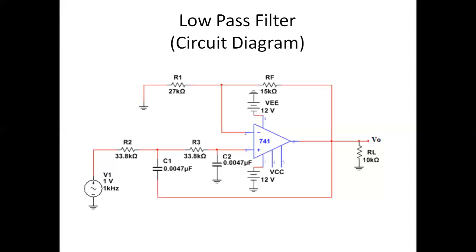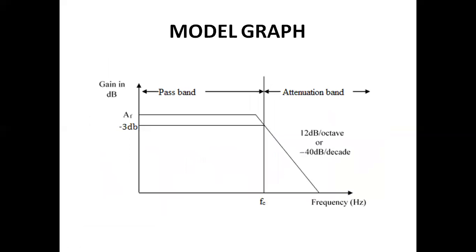Now coming to the next part, why it is called a second order low pass filter. Remember, as we increase the order of the filter, the selectivity increases. So how does the selectivity increase? If we see the model graph of the filter, this is our pass band and this is the reject band. But you can see in the reject band, the output doesn't come abruptly to zero, rather it decreases slowly.